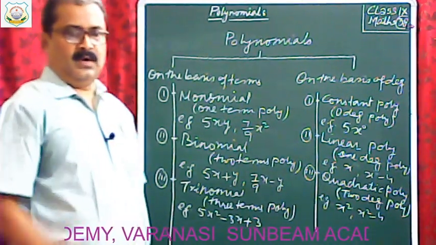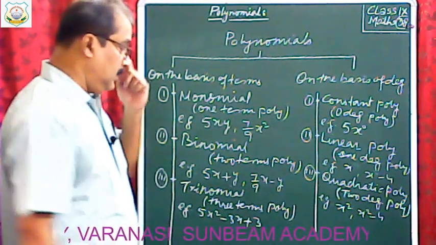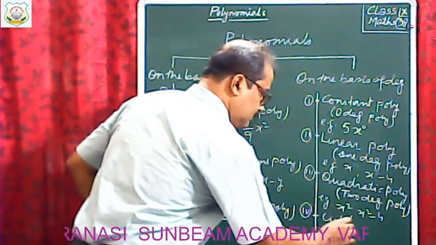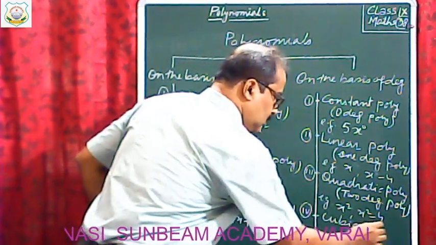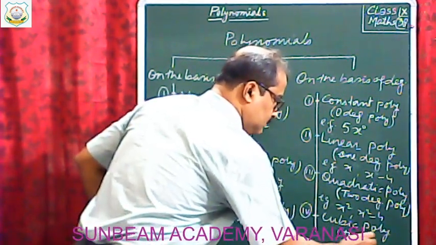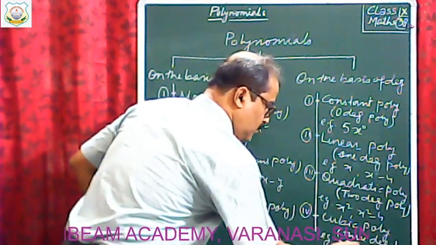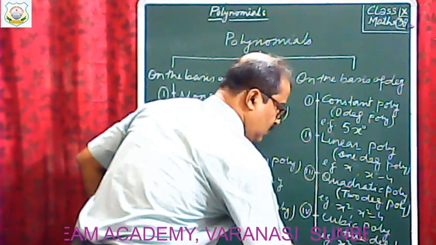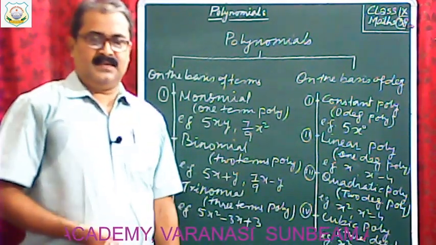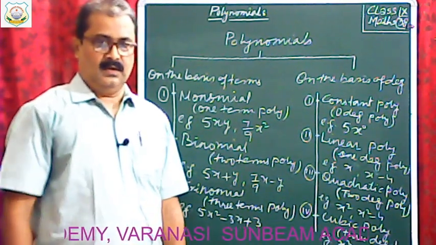So a 1 degree polynomial is a linear polynomial, a 2 degree polynomial is a quadratic polynomial, a 3 degree polynomial is a cubic polynomial. For example, x cube minus 27, whatever. A 4 degree polynomial is a biquadratic polynomial, isn't it?